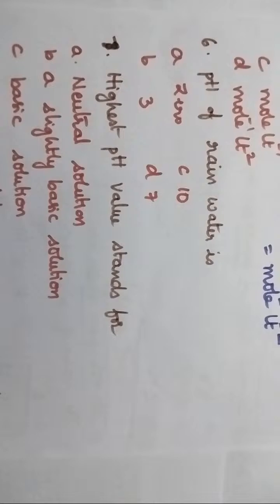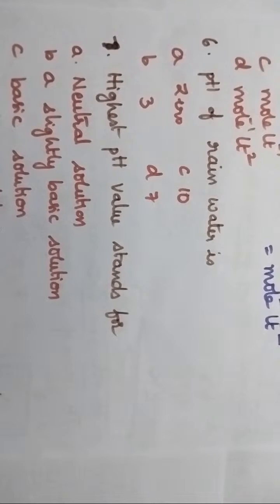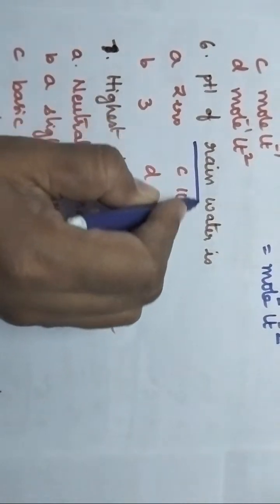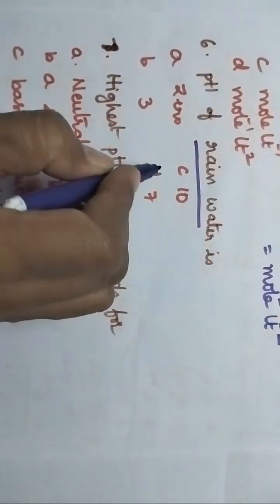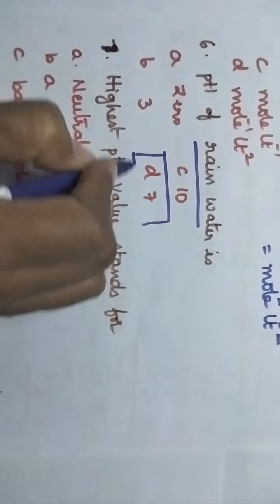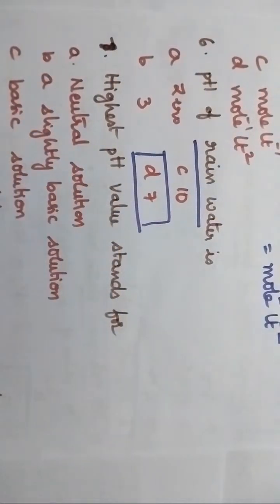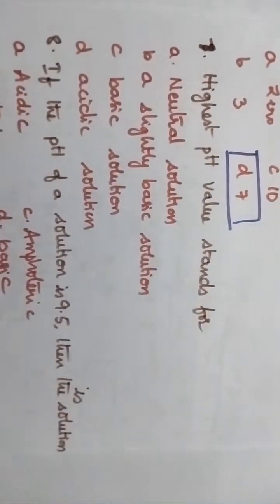Where are the remaining students? Why are they not answering? Yes, priceless brains, very good. Rainwater is the purest form of water. For pure water, the pH is equal to 7. So, in that context, option D is the right answer.